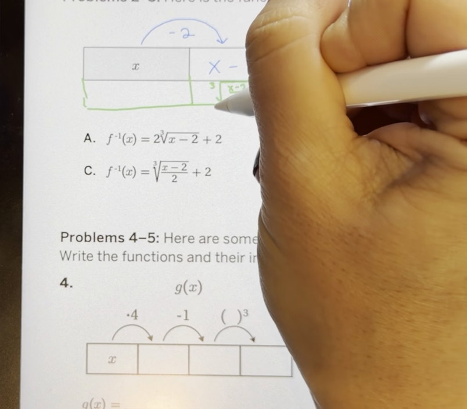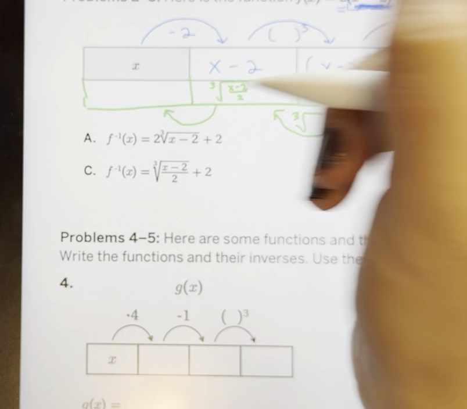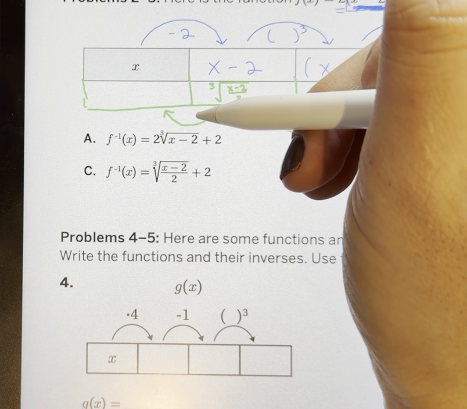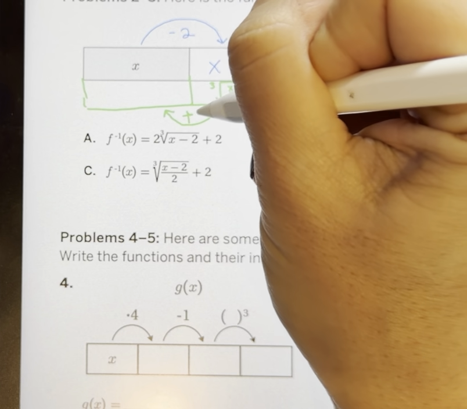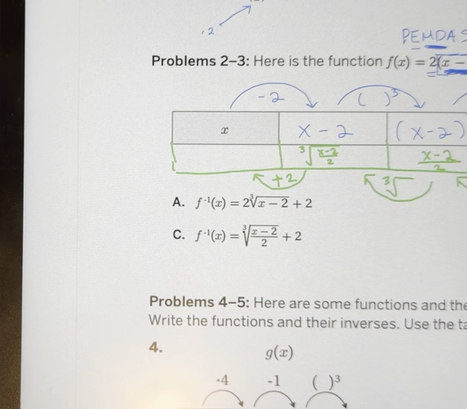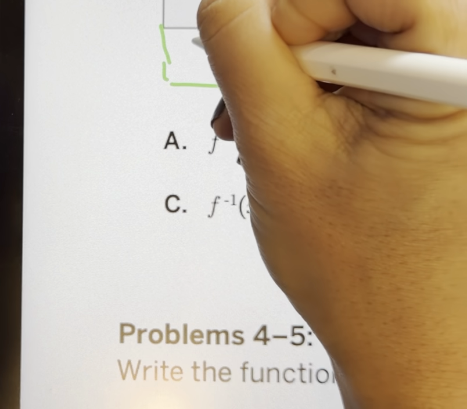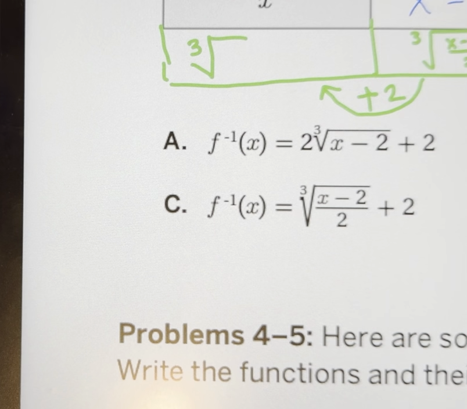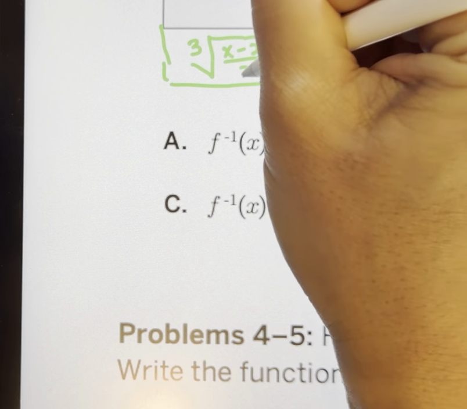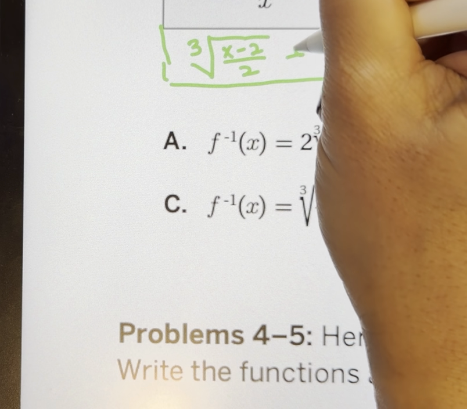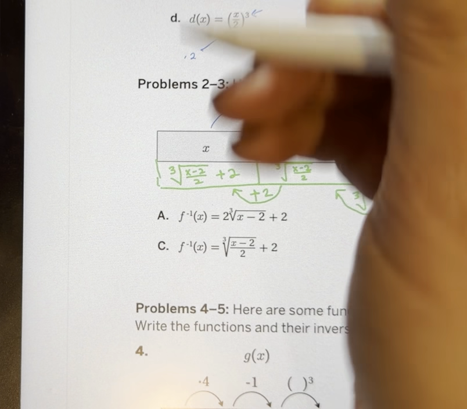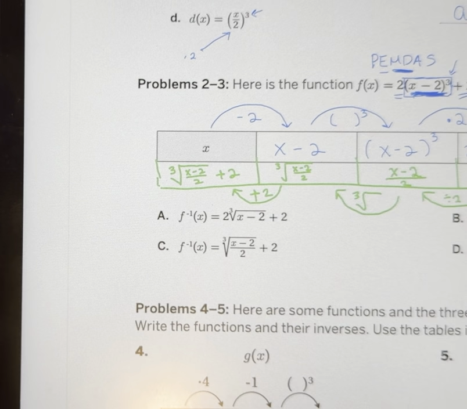And finally, from here to here, I did minus 2. To undo the minus 2, I must do plus 2. So I take everything I had in the previous step, which is the cube root of x minus 2 over 2, and now I just do plus 2. And this, you guys, is the inverse, okay?